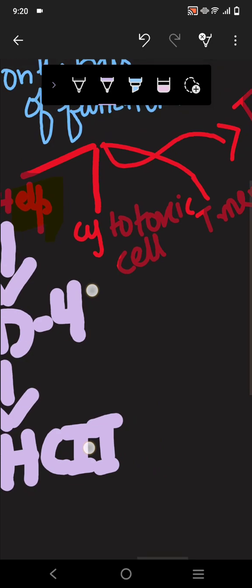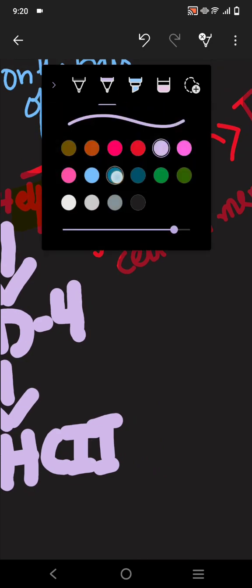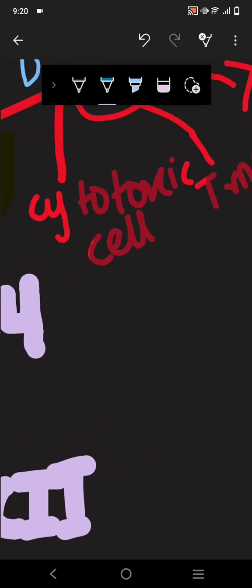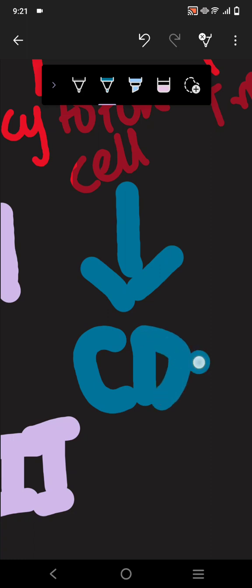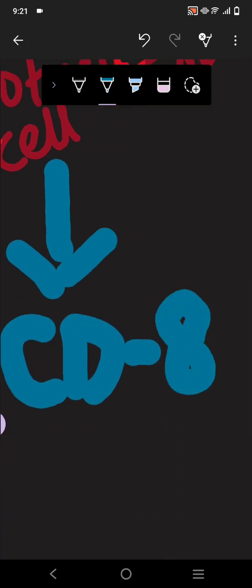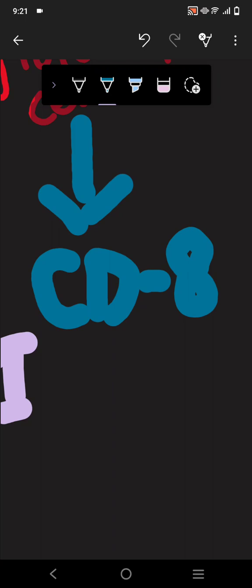Now we have the cytotoxic cell that has the receptor CD8, and that receptor is attached on the MHC1.